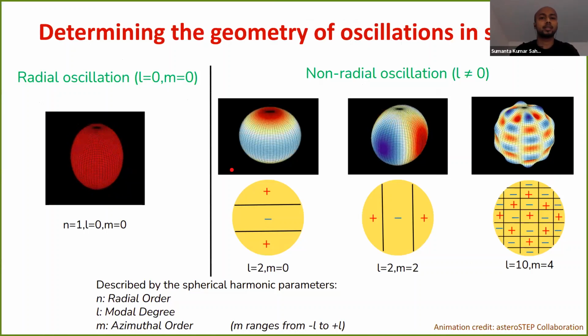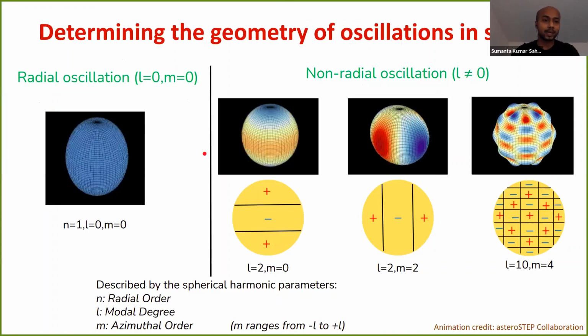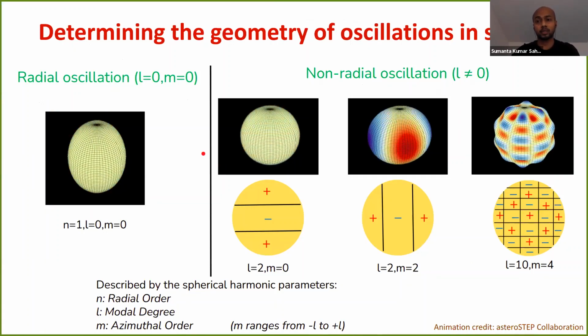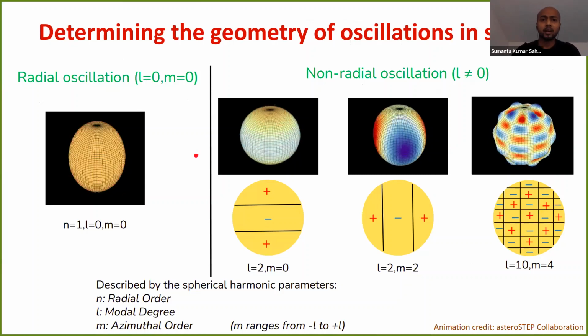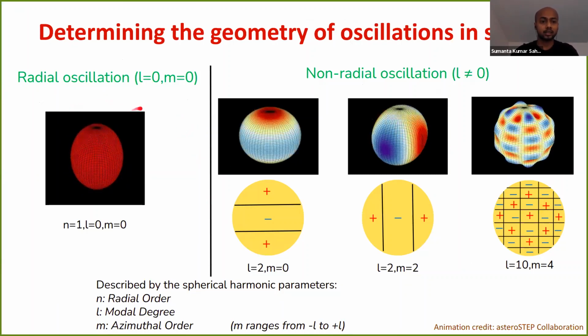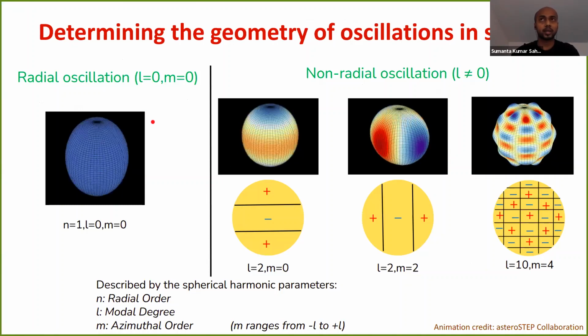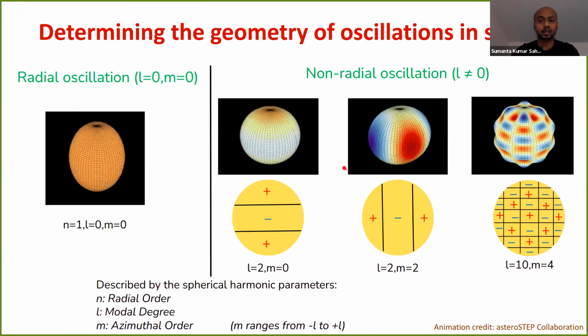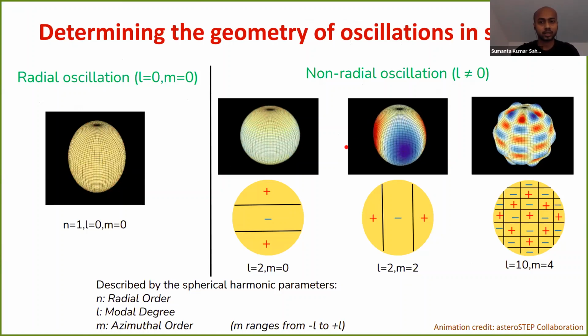Before coming to our results, what do we mean by determining the mode geometry of a star? As we know, oscillating stars oscillate either in radial or non-radial oscillations.